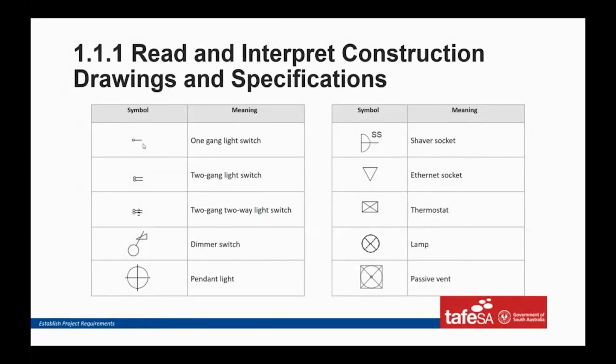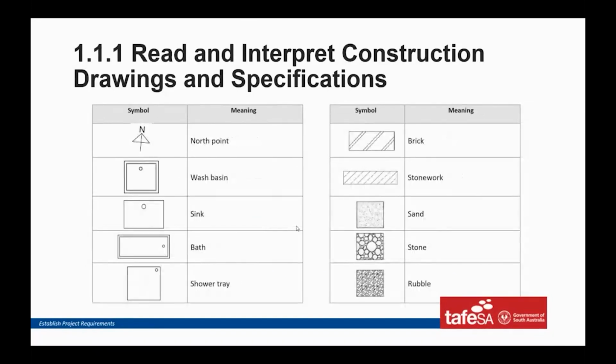These are really important. So if you see something like that on a plan, this is where you need to revert to this and go, oh yeah, that's what that means, whereas you might be allowing for something that's not even what it's intended. When we look over here, we were talking about baths, shower trays, the types of symbols.